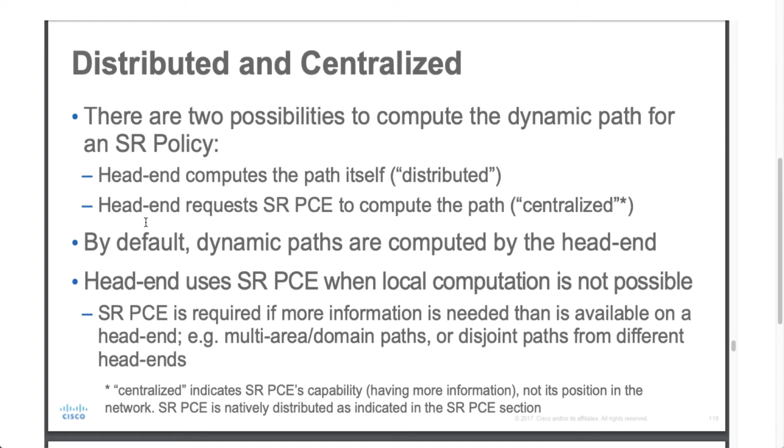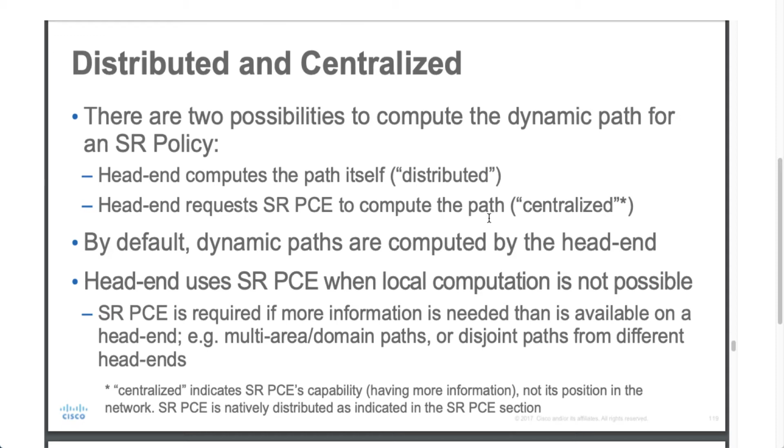In this case, the head end requests some entity, named SR-PCE, to compute the path. That means the path computation work is offloaded to some other router in the network topology, and that particular router is called SR-PCE.